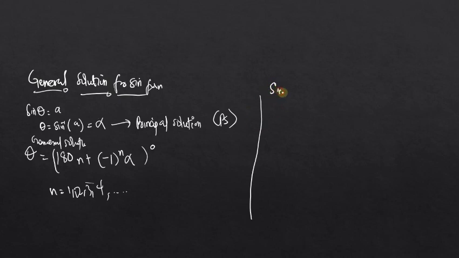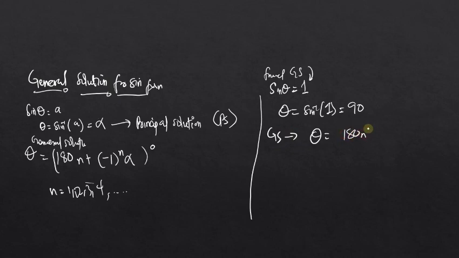If we have sine of theta equal to 1, let's say, find the general solution of this. You find the principal solution, where theta is equal to sine inverse of 1, not -1, which is 90, right? So our general solution will be theta equal to 180 n plus, in brackets, minus 1 raised to the power n, multiplied by 90, all this in degrees.